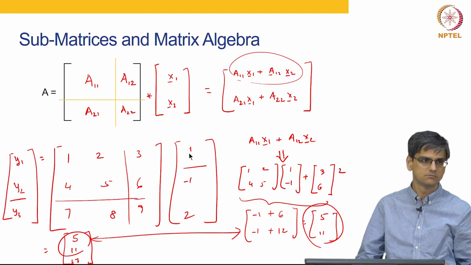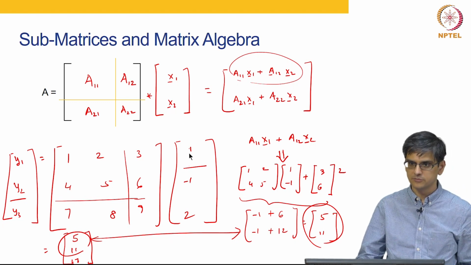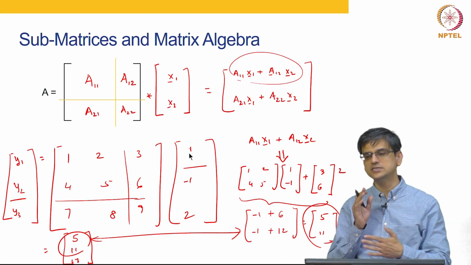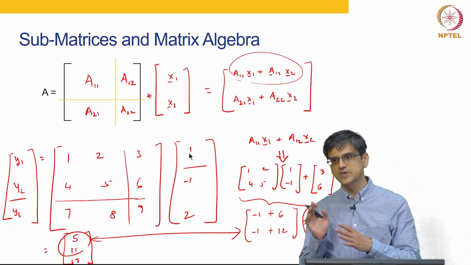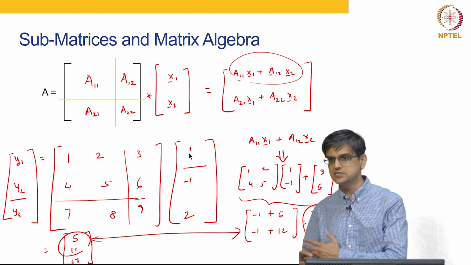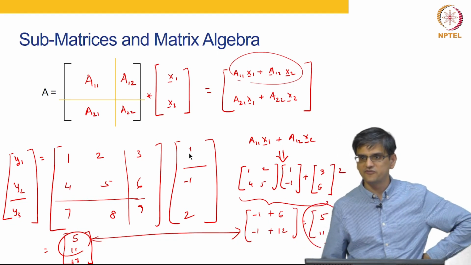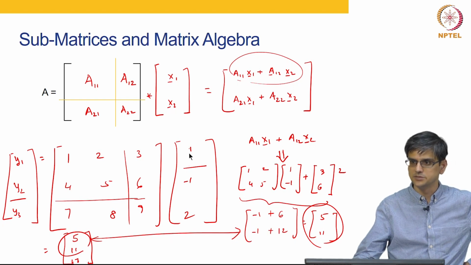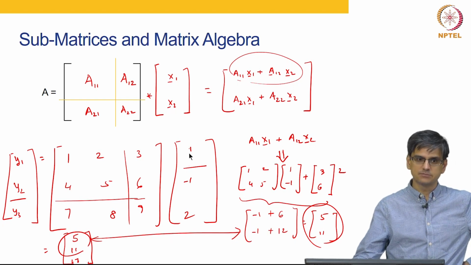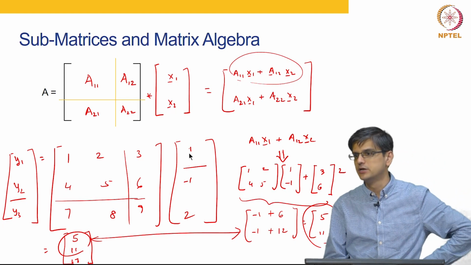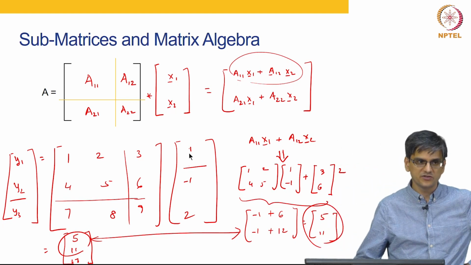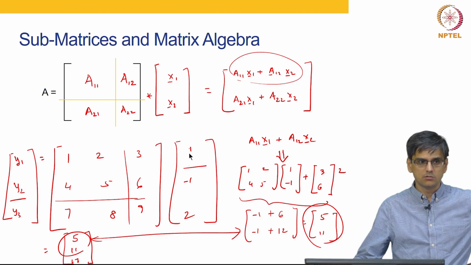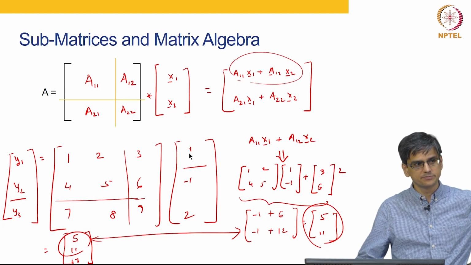You know all of that. So, as long as your partitioning meets the laws of matrix multiplication, you will be able to do this. That is the main thing you need to be careful about. That is one of the places where a lot of students make mistakes.